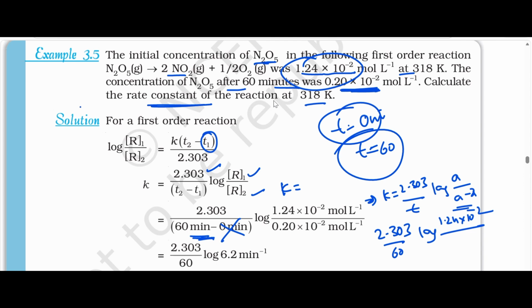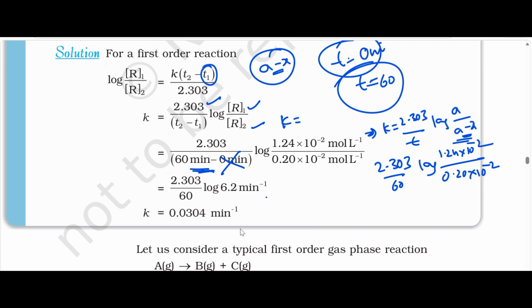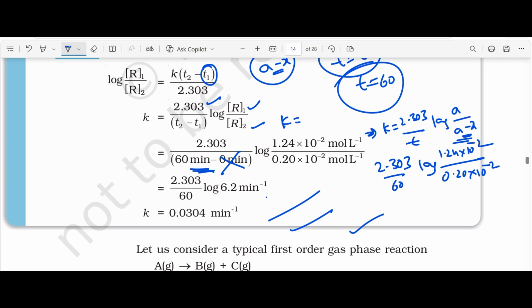After some time, you know my concept, the remaining concentration will be A minus X. So A minus X here they have given as 0.202 into 10 power minus 2. Now you can simplify, and you will get the rate constant as k equal to 0.304 per minute.